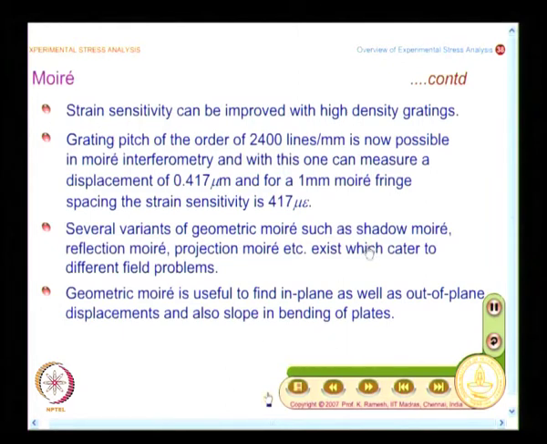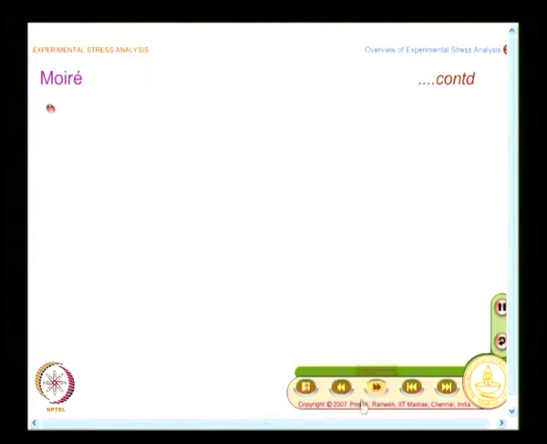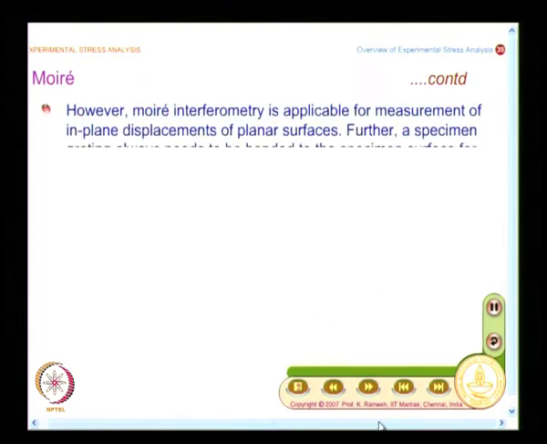We have already seen that reflection Moiré was used to find the curvature, you could find out of plane displacement by shadow Moiré, and geometric Moiré can give in plane displacement. The method of putting the specimen grating is slightly different in shadow Moiré, reflection Moiré and projection Moiré. And we have also seen that Moiré interferometry is to improve the accuracy.